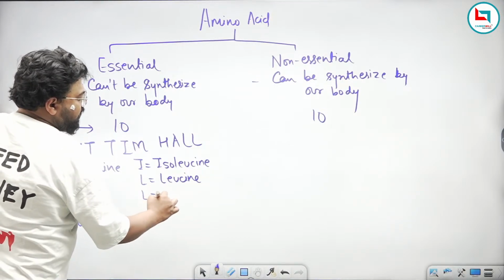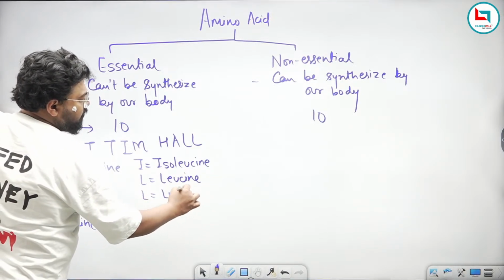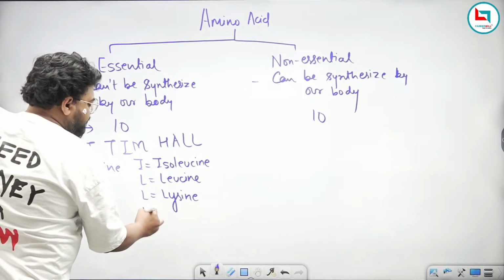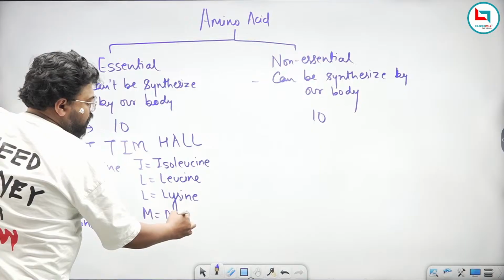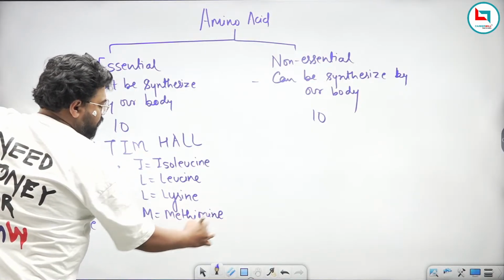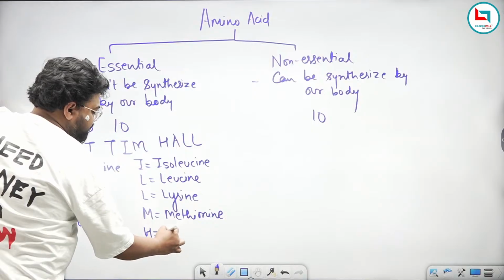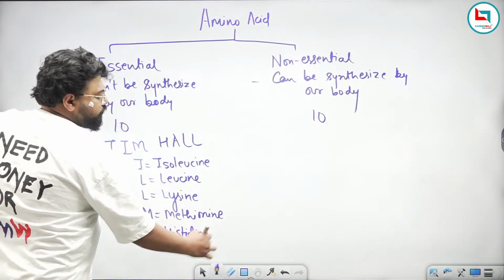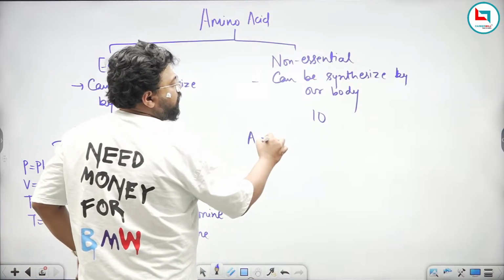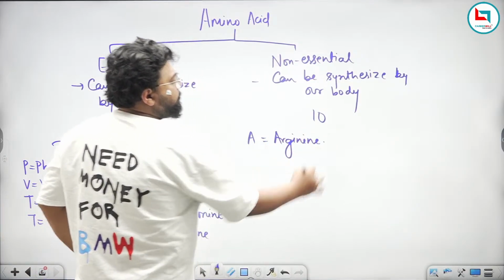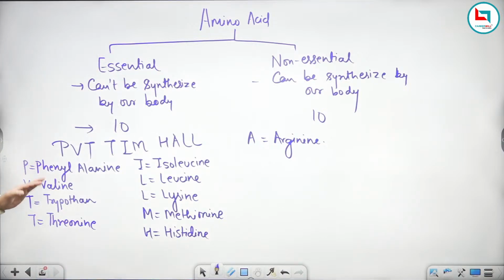Another L stands for lysine. M stands for methionine. H stands for histidine. And A stands for arginine. So these are the 10 essential amino acids which cannot be synthesized by the body.